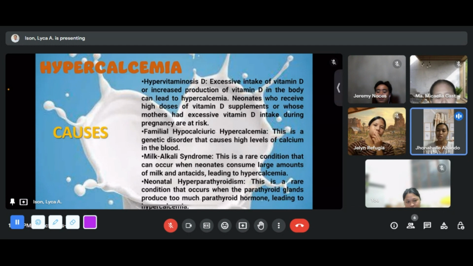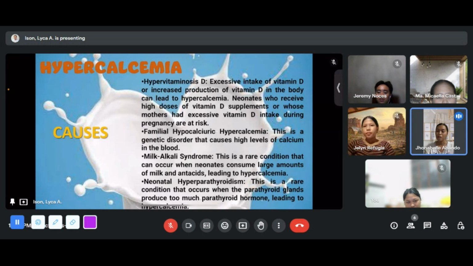So in this kind of condition, ang mga baby ay may defect sa kanilang genes na nagdudulot ng incorrect signaling or hindi tamang pagpapadala ng signal ng calcium sa kidney ng baby. This results in the kidneys retaining too much calcium instead of releasing it into the urine. So dahil dito, hindi nagagamit ng wasto ang calcium sa katawan at ito ay nanatili sa kanilang blood na nagdudulot ng hypercalcemia. Third is milk alkali syndrome.